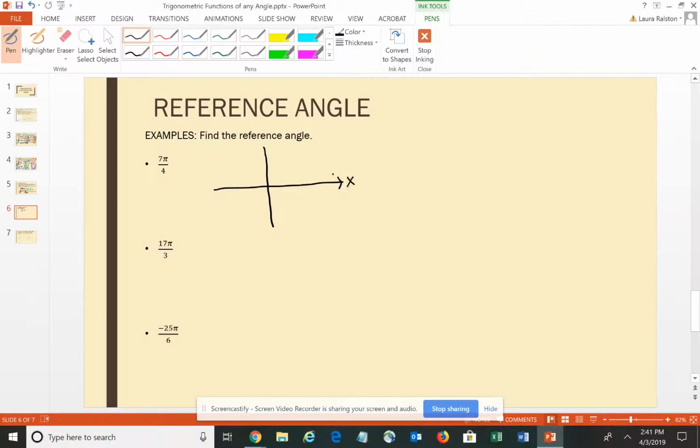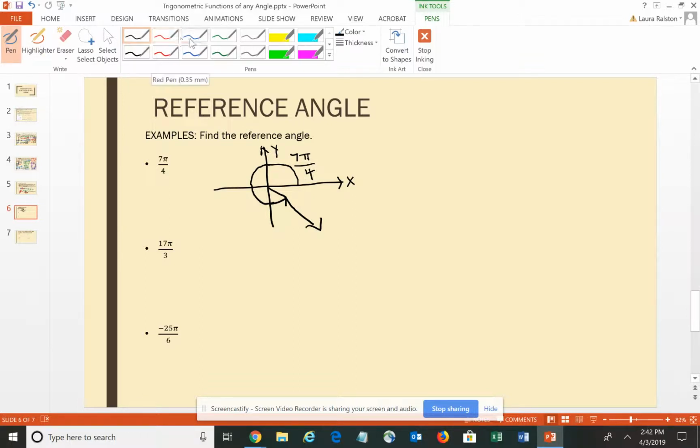It may help you to look at your unit circle. 7 pi fourths would be, you go 1 pi fourths, 2 pi fourths, 3 pi fourths, 4 pi fourths, 5 pi fourths, 6 pi fourths, 7 pi fourths is over here in the fourth quadrant.